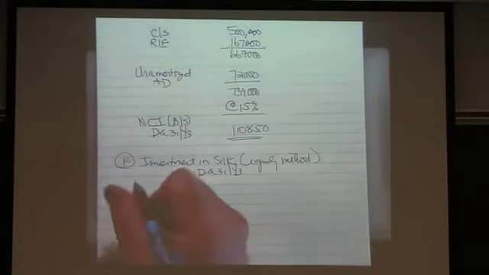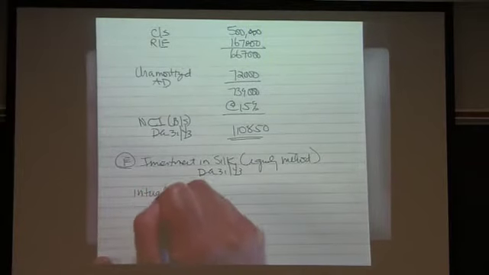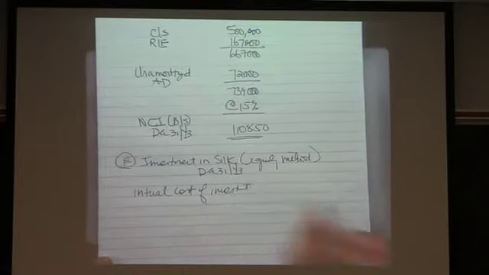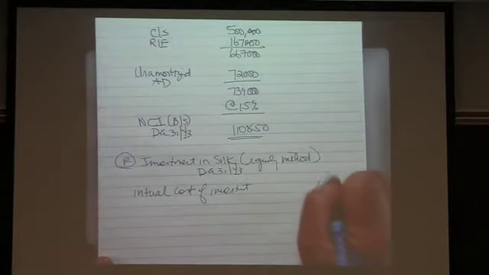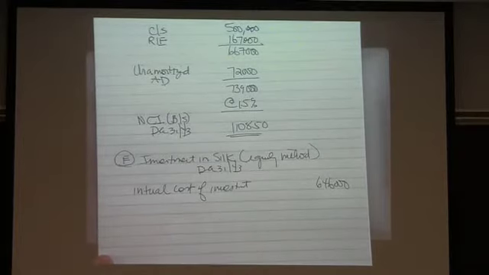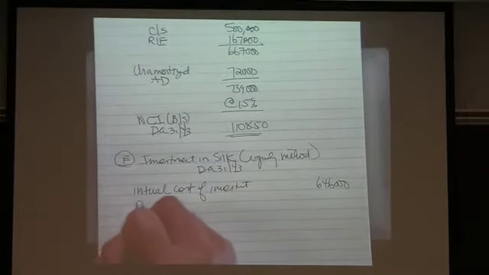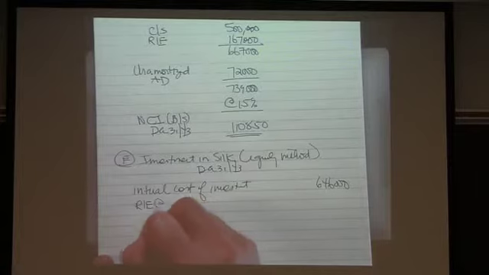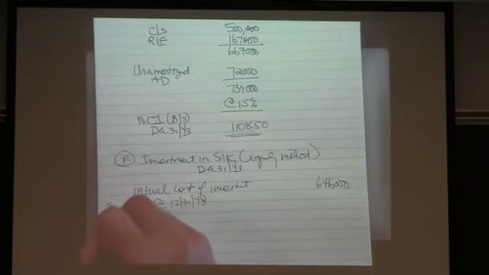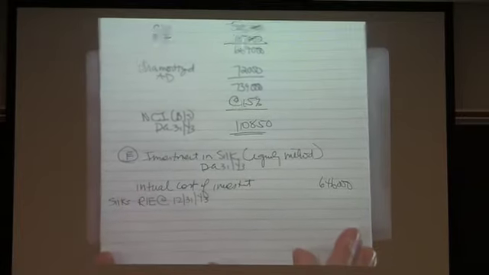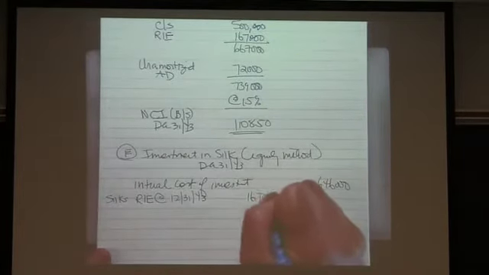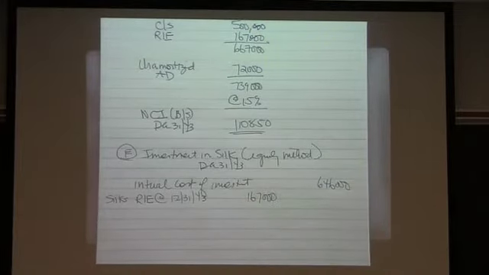So we've got the initial investment, which is 646. We've got the retained earnings at 12/31 year 3. This is Silk's. And Silk's retained earnings we calculated to be 167, didn't we? And that's the same number as this one.